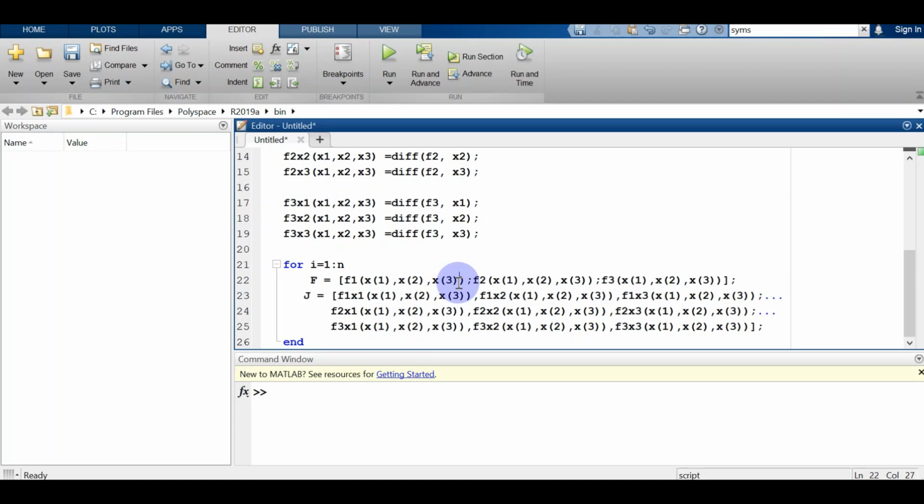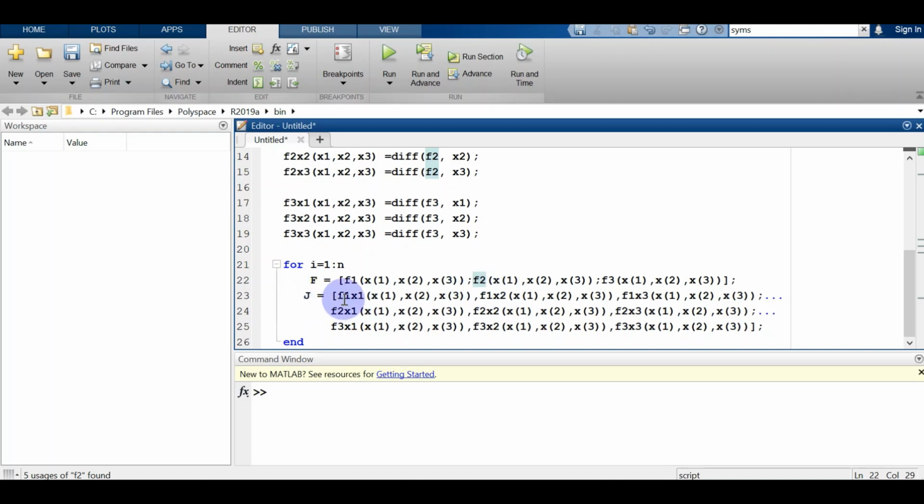So we have to mention which value to use for the first variable and which for the second, so I have to send the numbers for each variable. So I'm computing f1 at x first value, x second value, and x third value, then f2 at x first, x second, x third, and then f3 at all those values.